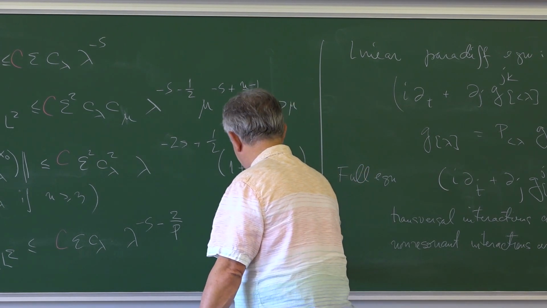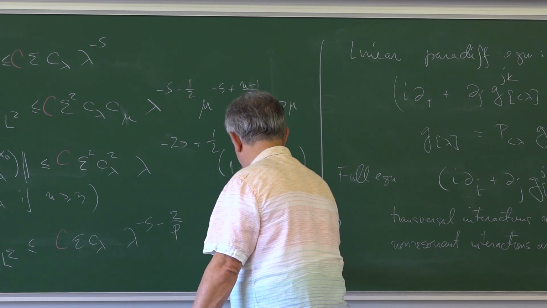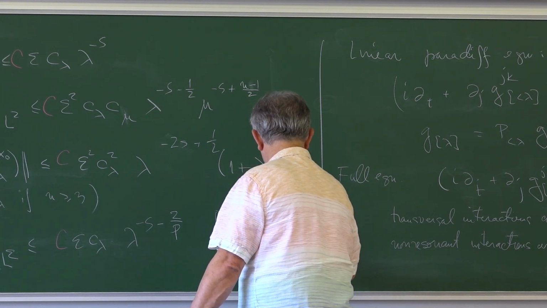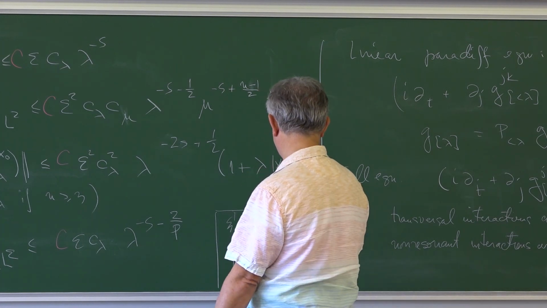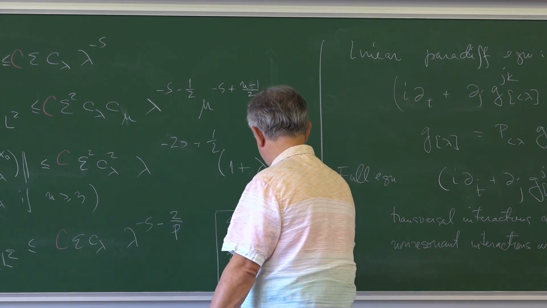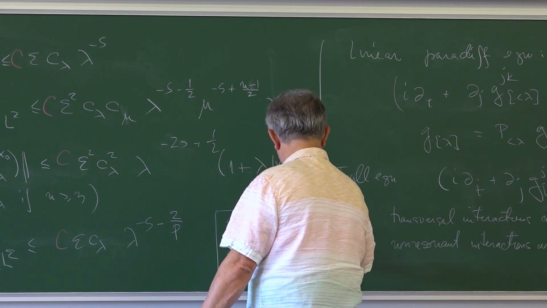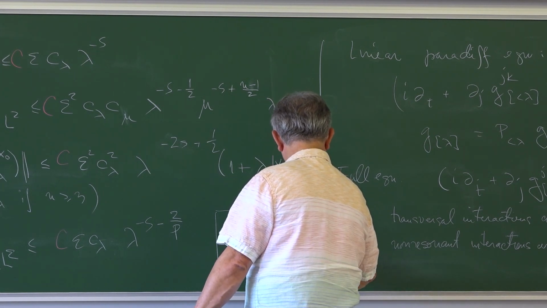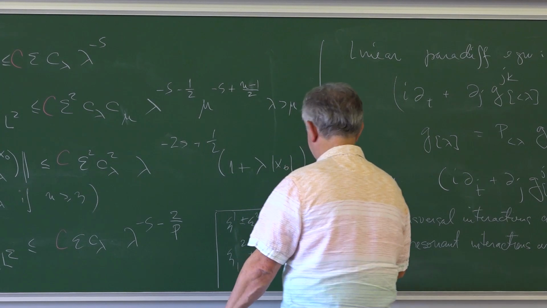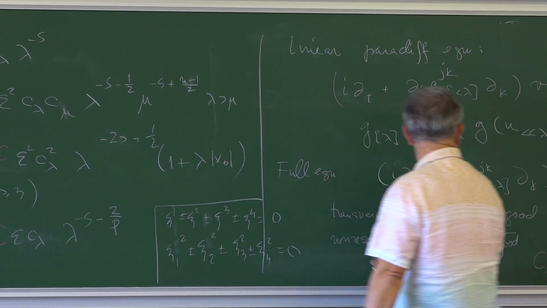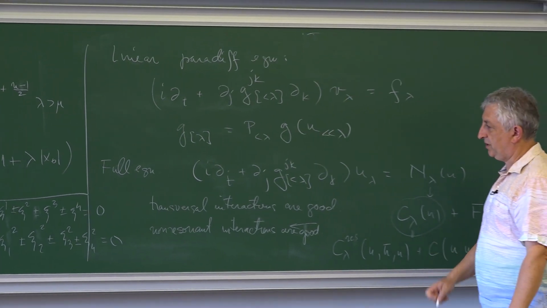And then xi1 squared plus minus xi2 squared plus minus xi3 squared plus minus xi4 squared is equal to 0. The signs are matched between these two equations because plus or minus depends on whether you have a complex conjugate or not.